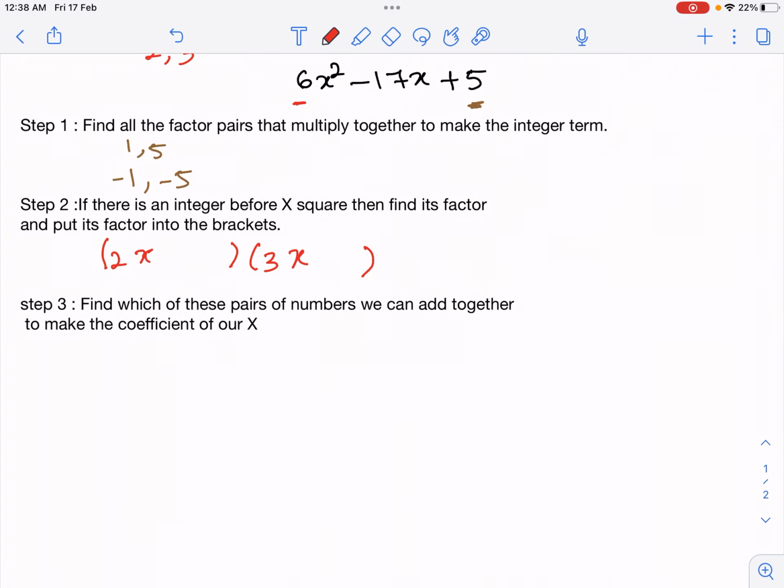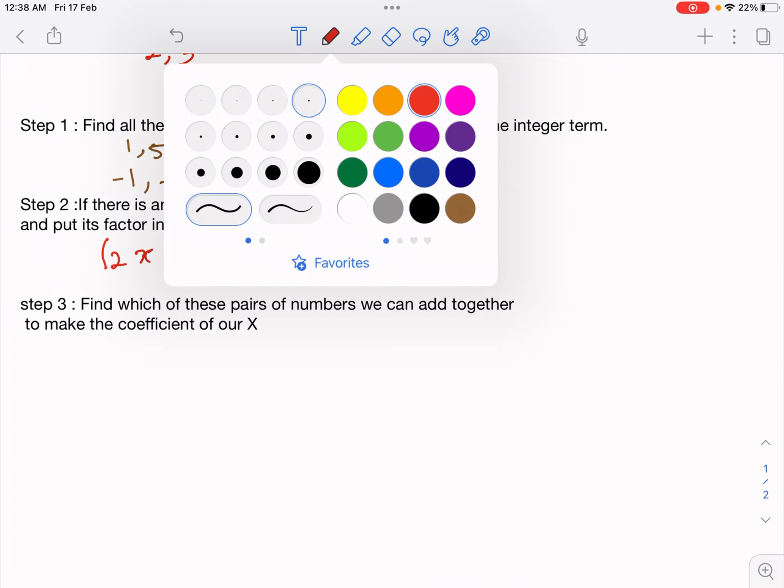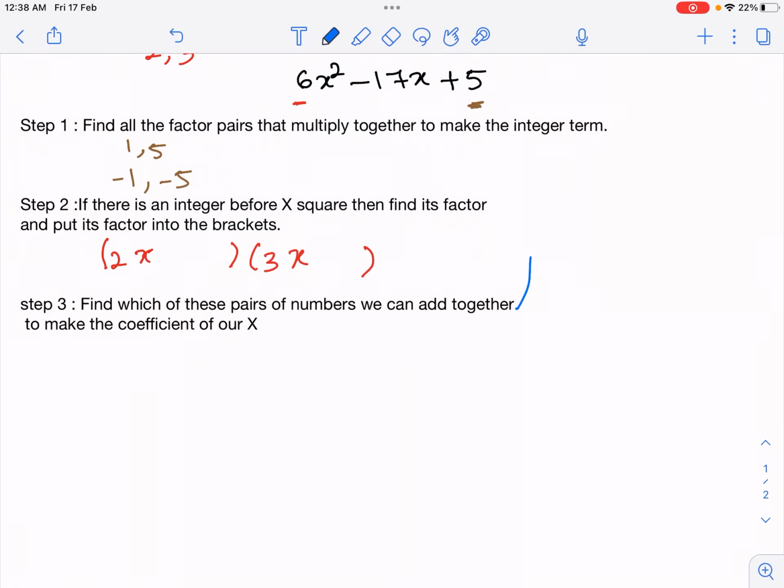Then step number 3, find which of these pairs of numbers we can add together to make the coefficient of x. We said before we have these numbers, 1 and 5, and the second pair, minus 1, minus 5. We are going to try one by one. Let's take the first one, which is 1 and 5.